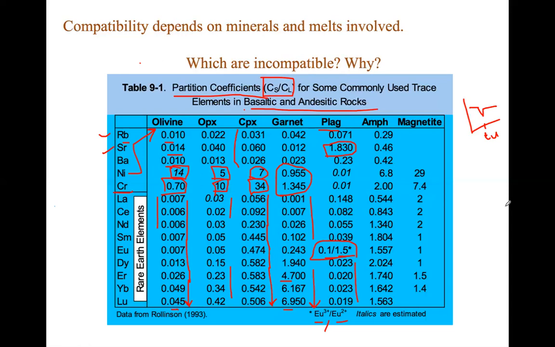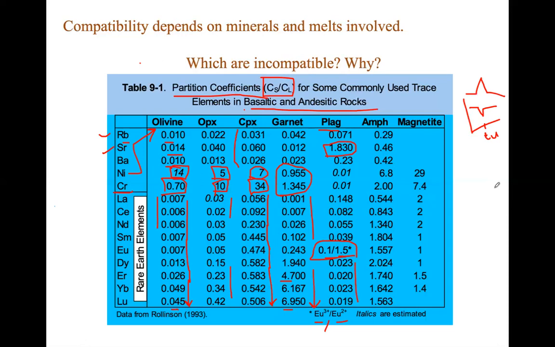If plagioclase has crystallized as a phenocryst, it will carry a lot of europium during crystallization, so in the residual system you will see a depletion of europium. If you have dissolution of plagioclase, you will see an opposite behavior, a positive peak. We call them positive anomaly and negative anomaly.